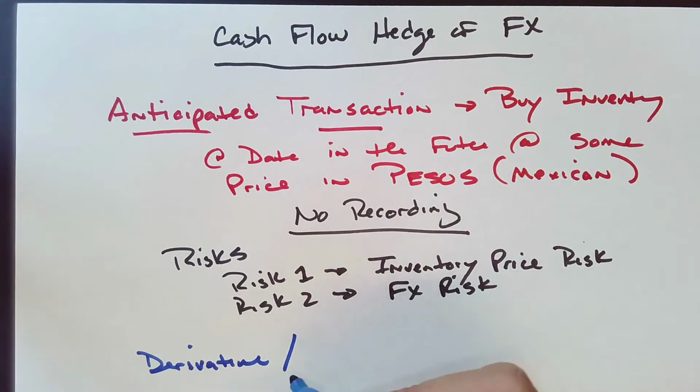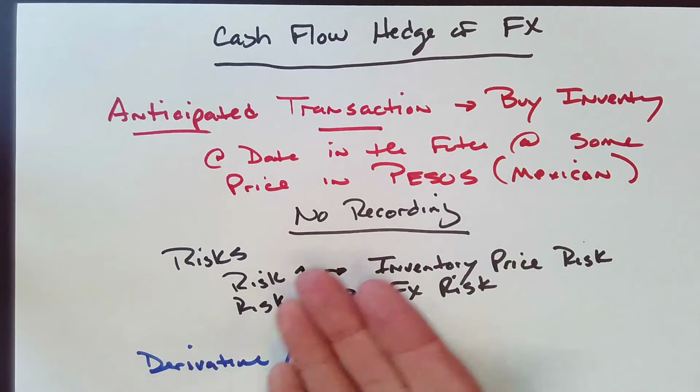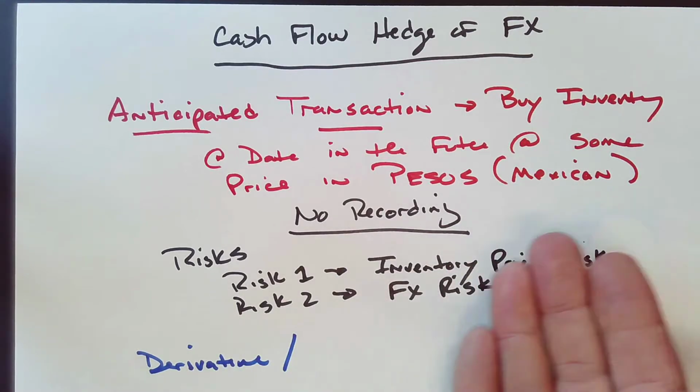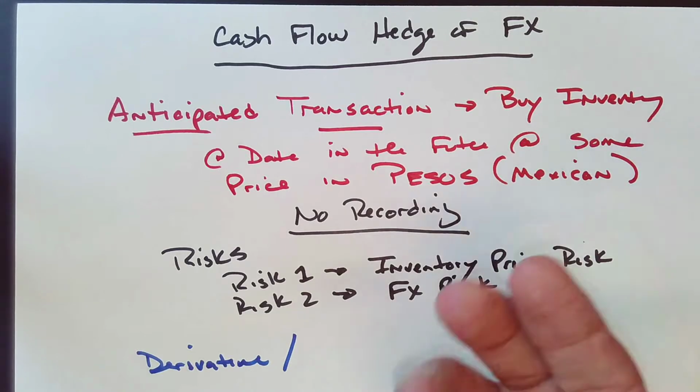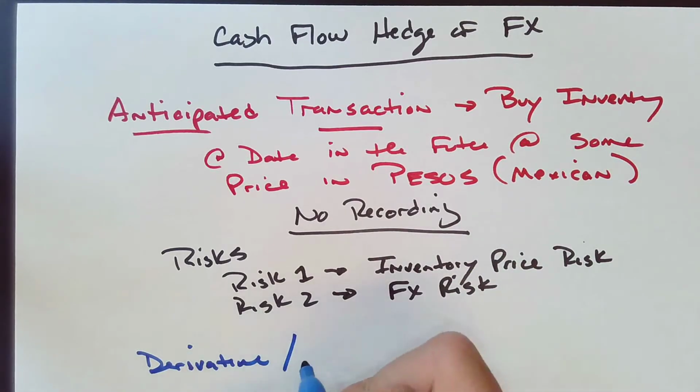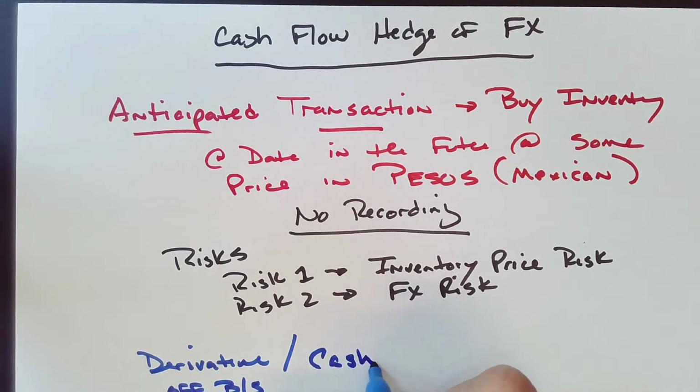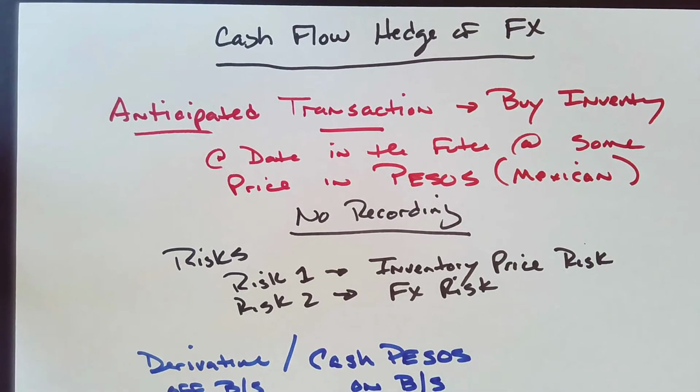So I could basically do the same forward contract to buy pesos, or I can buy the pesos. So I can either do a derivative off balance sheet, or I could buy the pesos. So cash pesos. That's on balance sheet. Right?